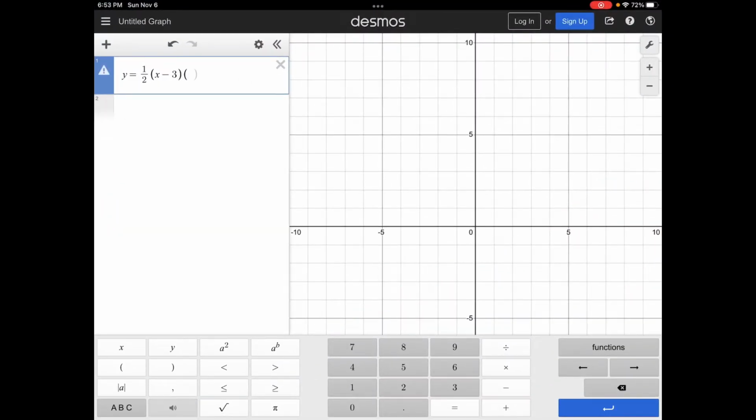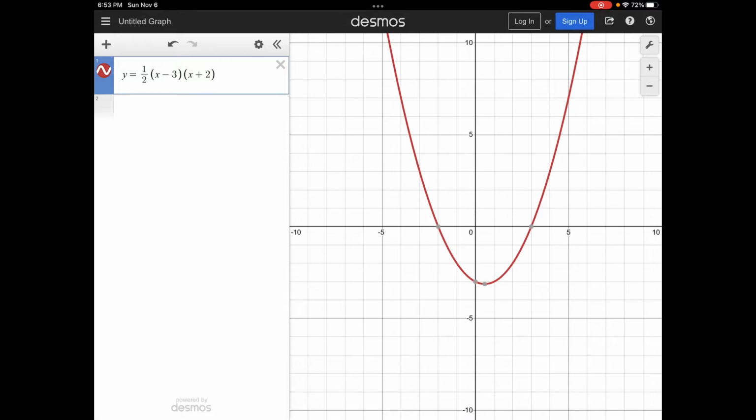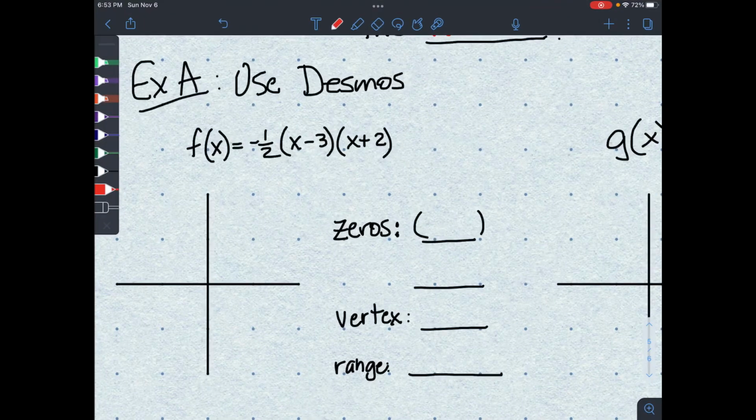Close parentheses, open parentheses, x plus 2. Close parentheses. Now notice if we look at our intercepts here, where is it crossing the x-axis? Negative 2 comma 0, and 3 comma 0. And so we have our zeros as negative 2 comma 0 and 3 comma 0.